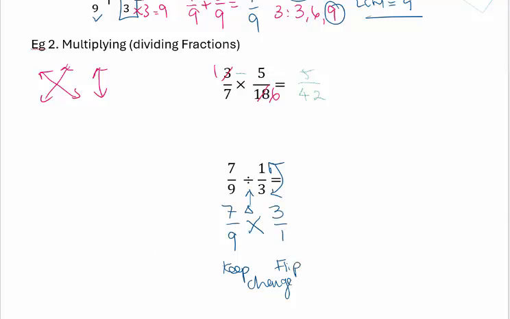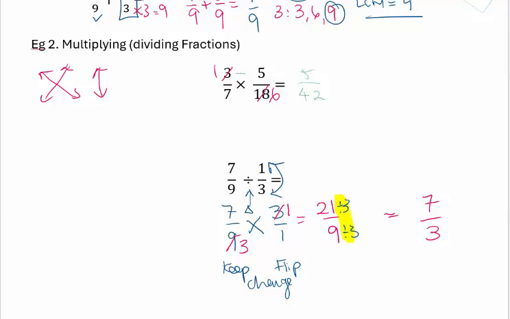Now it's either 21 on 9, or can I cancel that way? Can I cancel that way? Yes, I can. So it becomes 7 on 3. But what we have to do here is simplify this. The highest common factor is 3.